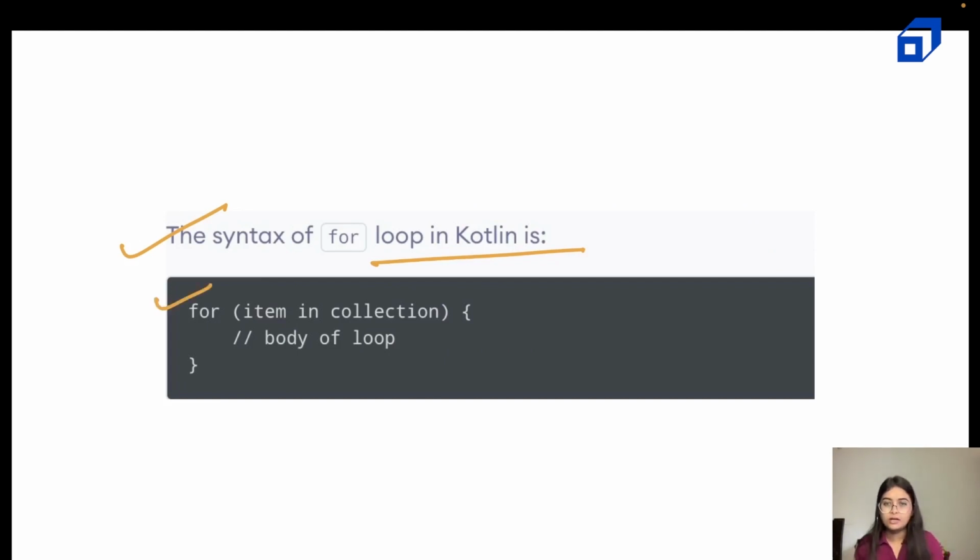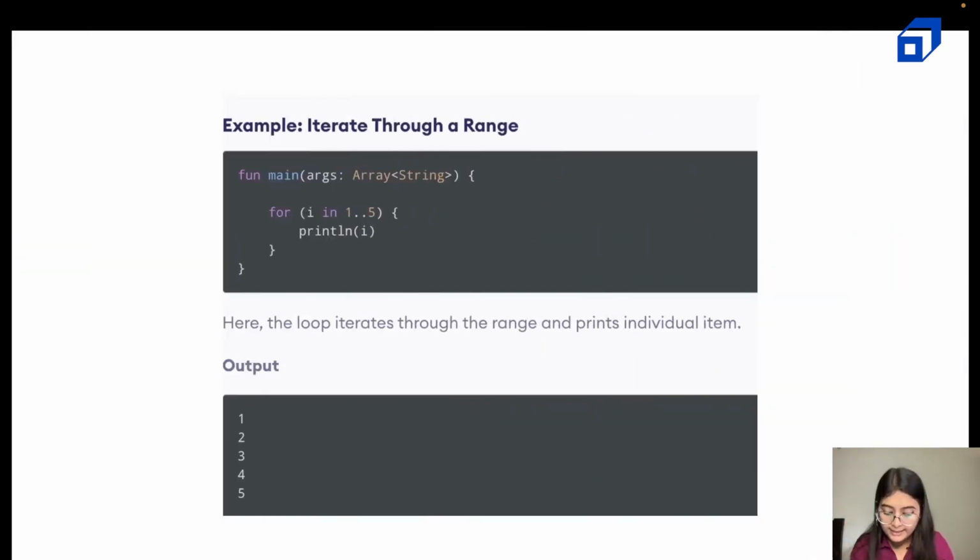For is a keyword. For some item in collection. This is the basic syntax for this statement. You have to execute these many lines of code. Okay, let's see some examples and that will make it clear.